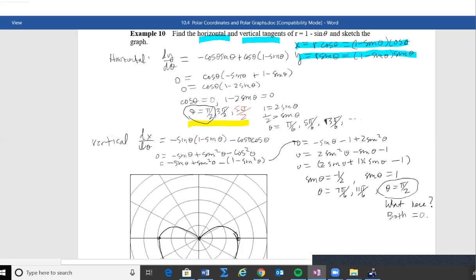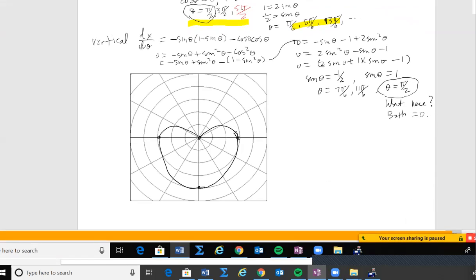Now I found some others here too. When 1 minus 2 sine theta is 0, we've got these, which continue on. Then I'm checking the dx d theta. Again, using my x that I found up there, my parametric form, I find my derivatives, and I set to 0.